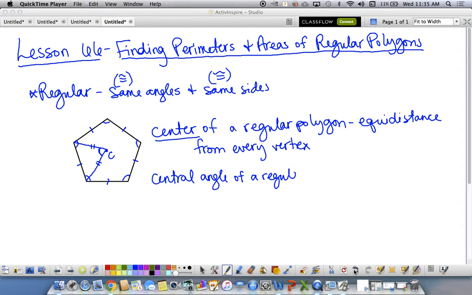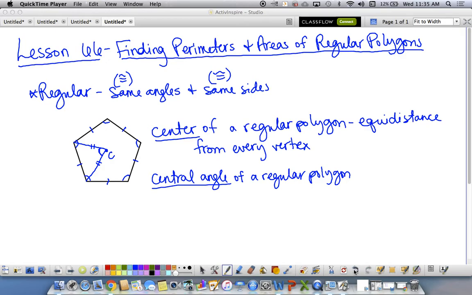I'm going to have to put this because you can have central angles of circles, and now we have a central angle of a regular polygon. So what is the central angle of a regular polygon? It's the angle whose vertex is the center of the regular polygon and whose sides pass through consecutive vertices.